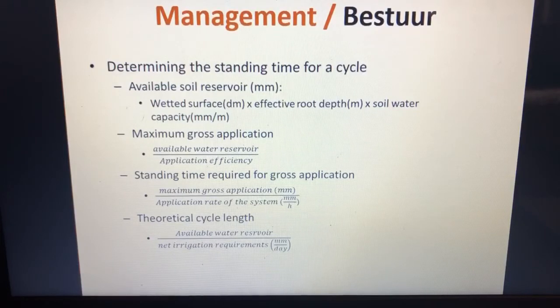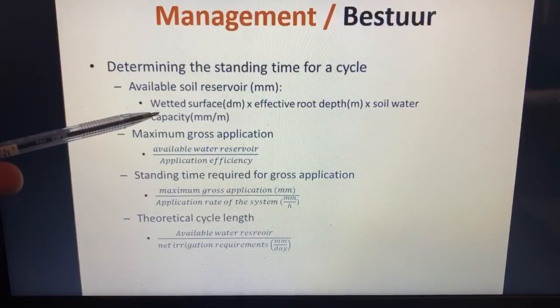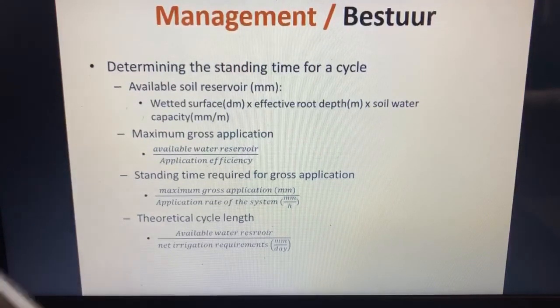Next is the maximum gross application. That's the value that you calculated in the previous one divided by the application efficiency. For example, with a drip that'll be 90%, or a microsystem maybe 80%, 85%. So it's that value that you calculated there divided by the efficiency.